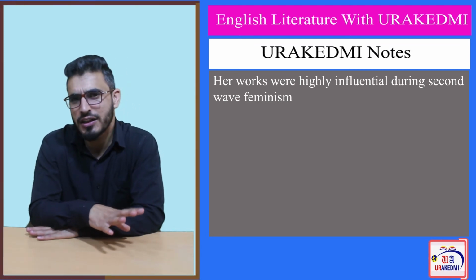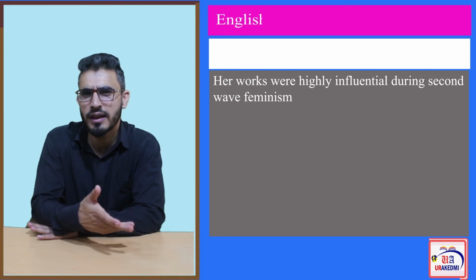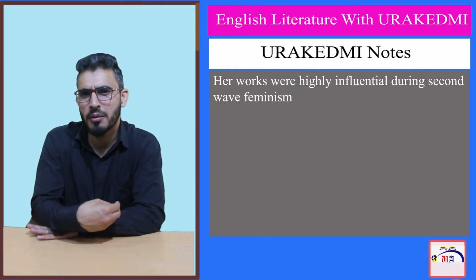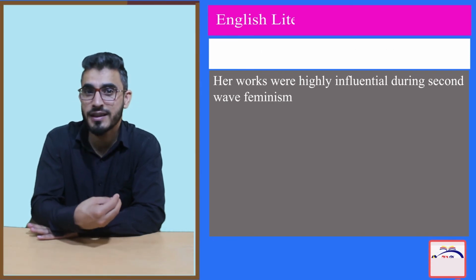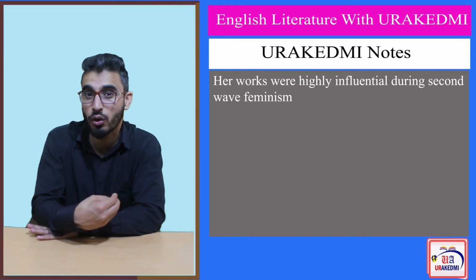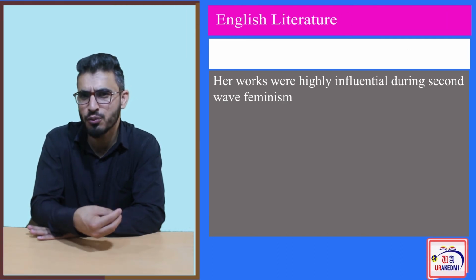Now that was about Virginia Woolf and her literary career. I didn't touch her personal life. If you want to know about her personal life, as I said, she was born in a very influential, well-read family. Her family was atheist, so she also had no liking towards religion. She married a Jew, and her life was not very smooth.